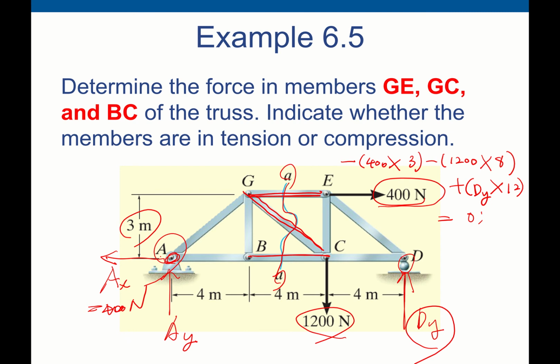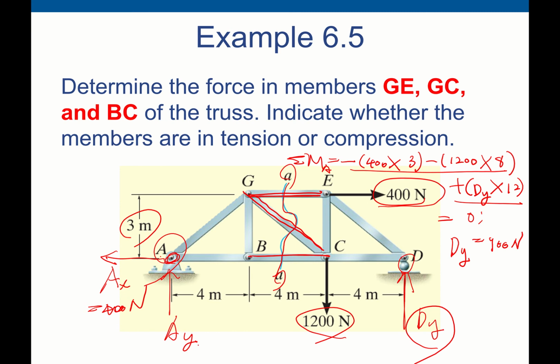So when you solve this problem, this is the sigma moment at A, then Dy is equal to 900 Newton, which is a positive upward direction.